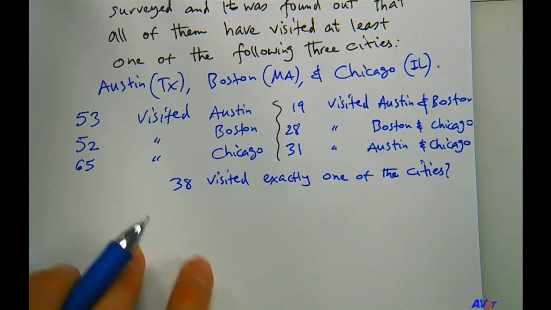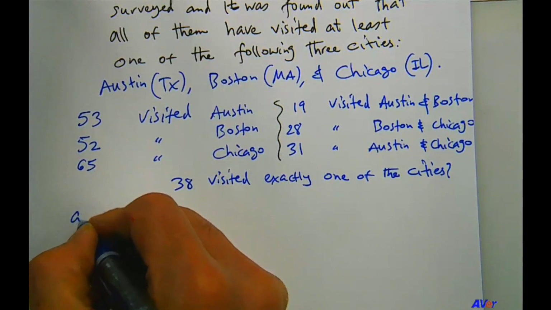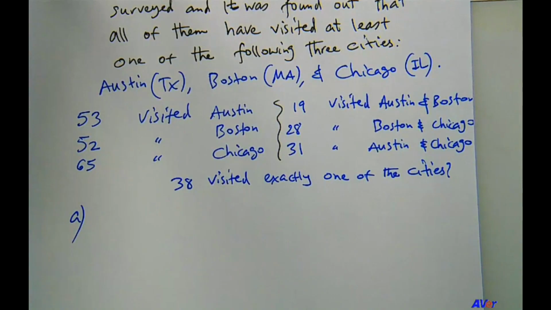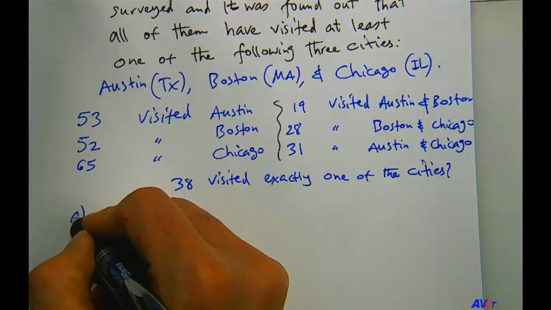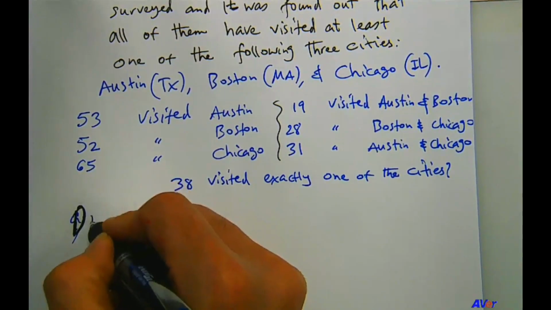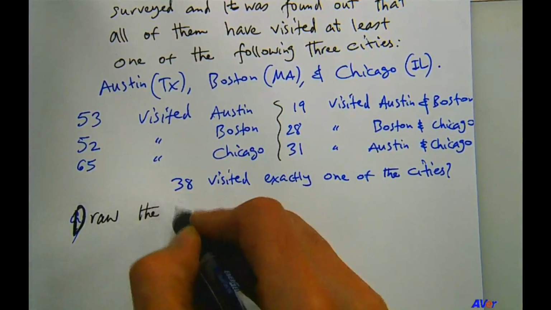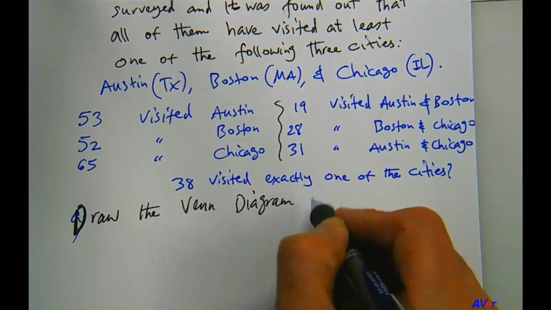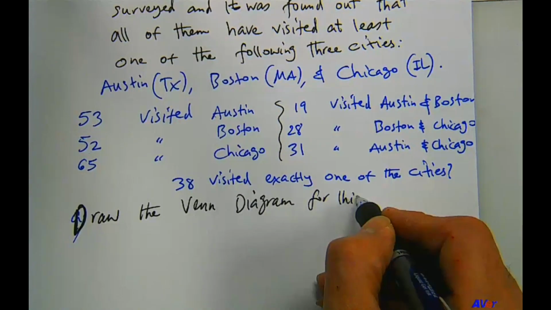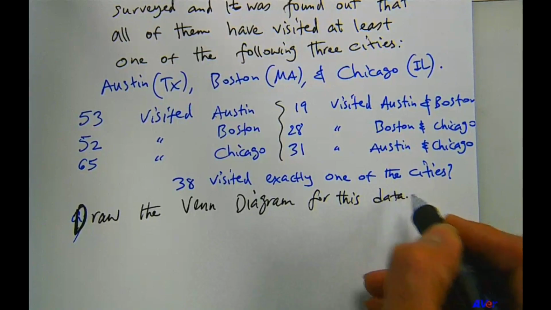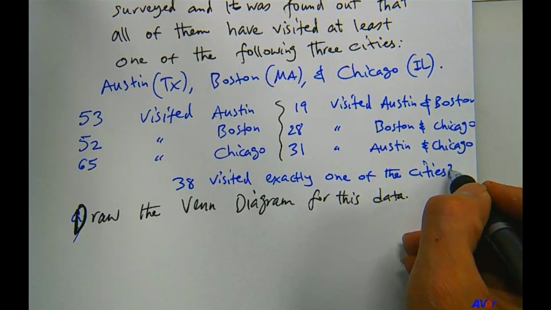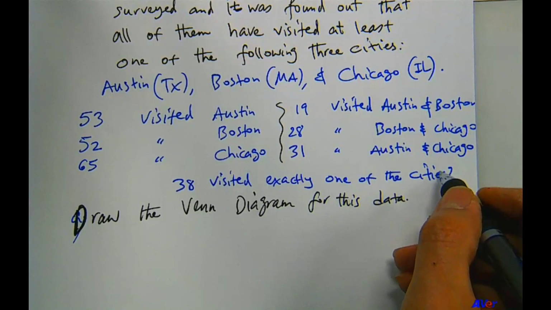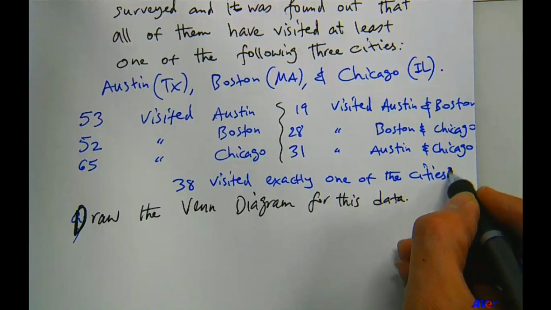So the first part of this problem is, the whole thing actually, is to draw the Venn diagram for this data. Well, this is not a question mark, sorry. So this is cities, just a full stop.